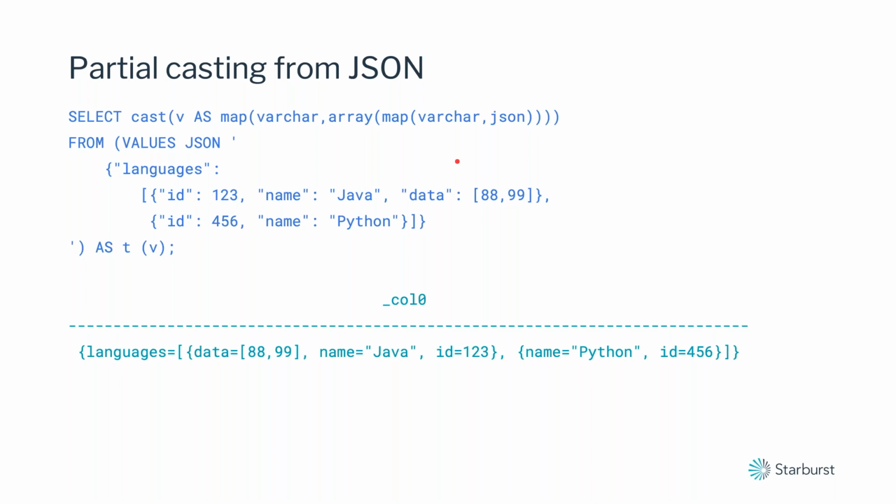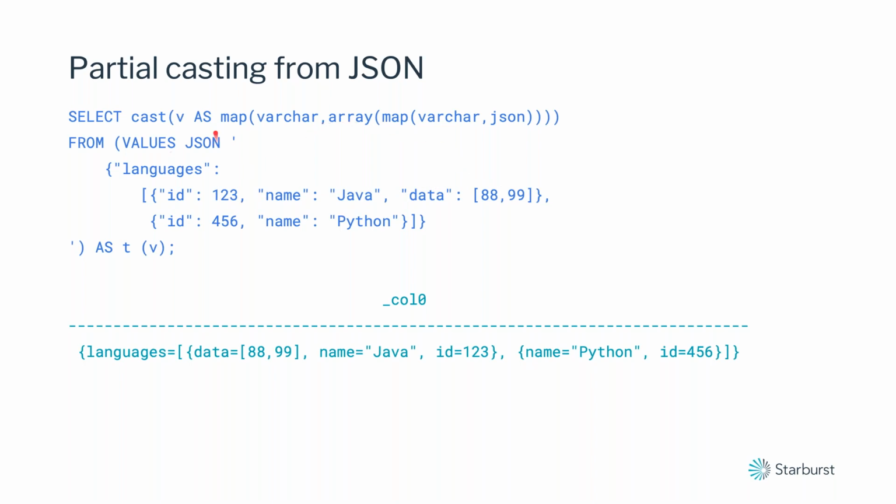SQL has strong typing, and there's no data type that can represent a number, a string, and an array. You can only have a type that has one of those. So there's no way to do a simple cast of this to a Presto data type, because there's nothing that can represent the value of this map.